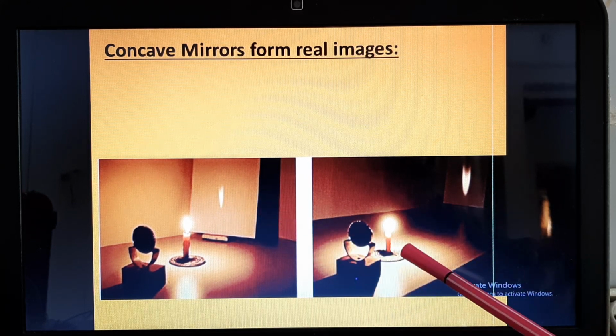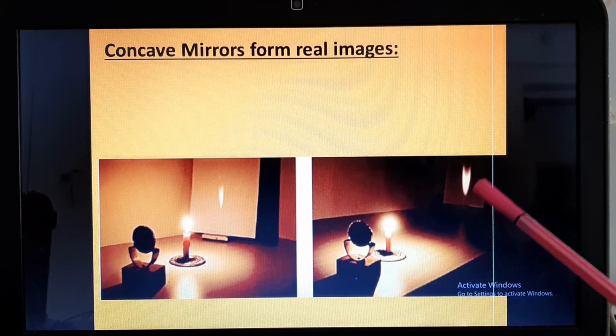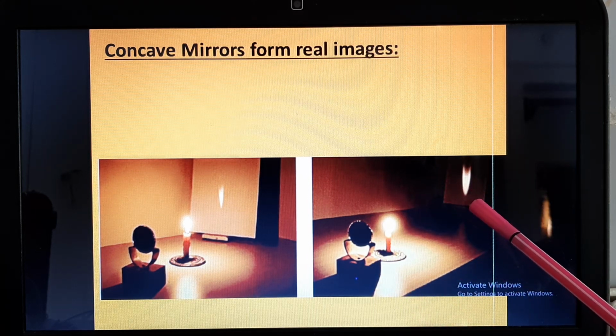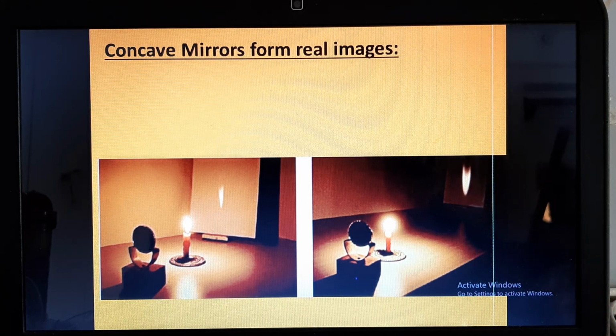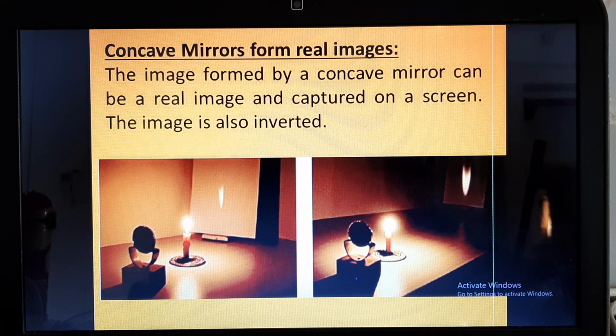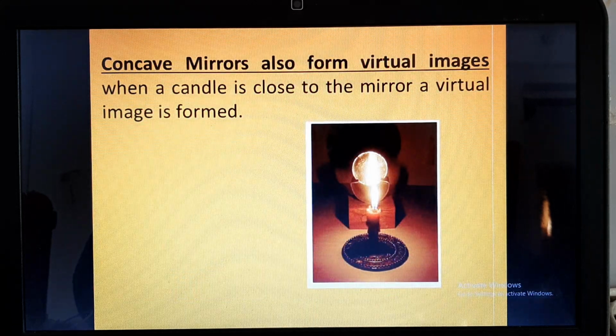Now here when the object is brought closer to the mirror, the size of the image is large now, but it is inverted, right? So the image formed by a concave mirror can be a real image and captured on the screen. It is real image, that means it can be obtained on the screen, because the reflected rays were actually meeting, and the image is also inverted.